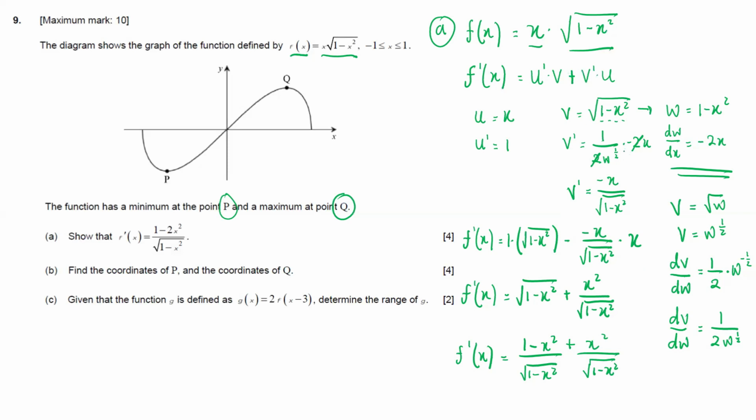Why do I put subtract? So this is plus right here, meaning this is going to be subtraction. So at the end, if we combine everything, what will we have? F prime x is going to be 1 minus 2x squared over the square root of 1 minus x squared. Okay, all right. Sorry for the mistake. Let's go to the next question.